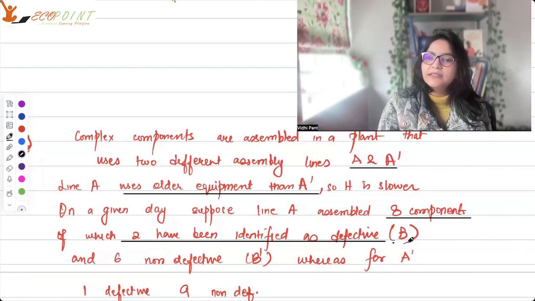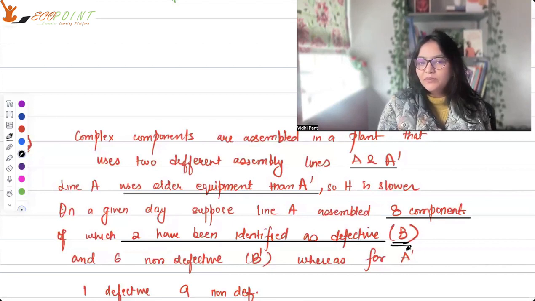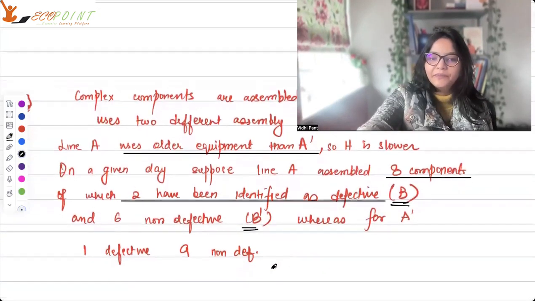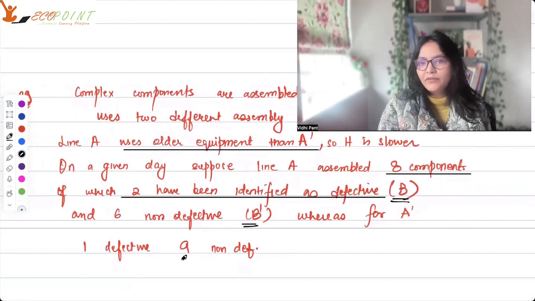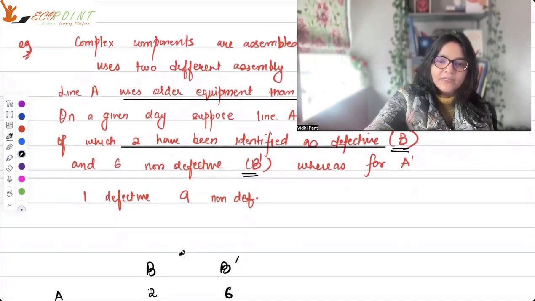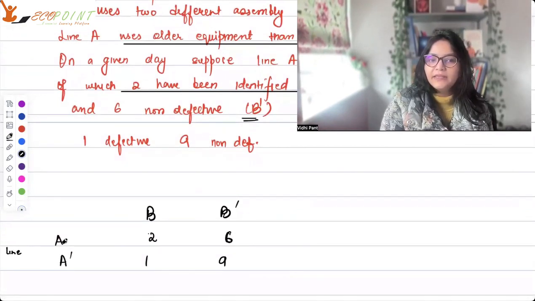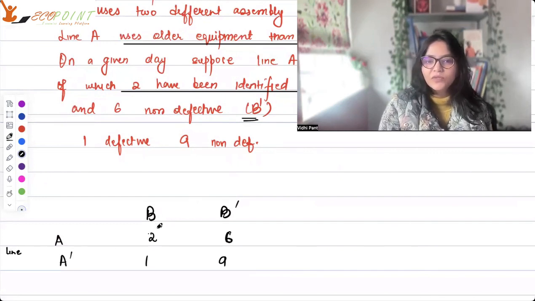Now we will take defective as event B, so B complement as non-defective. 2 are defective, 6 are non-defective. Whereas for A dash, 1 defective, 9 non-defective. So if I put this data out here, we have 2 assembly lines, line A and A dash, and we have divided the data into defective, non-defective, so B, B dash. So 2, 6 here, 1, 9 here.